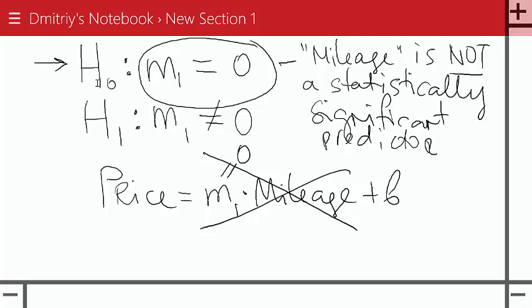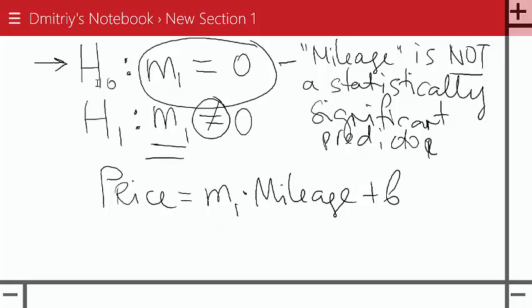So this is what basically my null says. And the alternative, of course, is the other way around, right? If I find that no matter how small the slope m1 can be, it cannot be replaced with 0, that means that my equation still stays like this, right? Which means that mileage does actually affect the price, and therefore, if the alternative is true, that means that mileage is a significant predictor, and it must stay in the equation, okay?